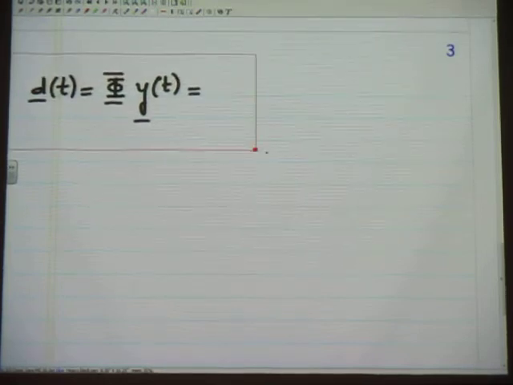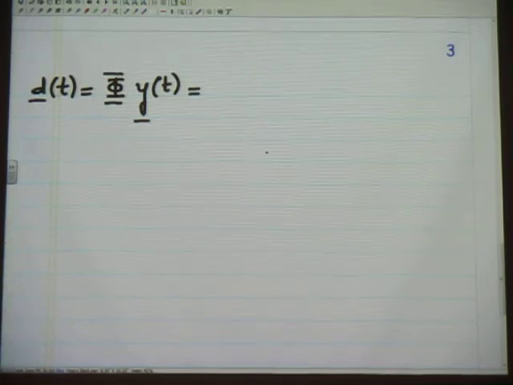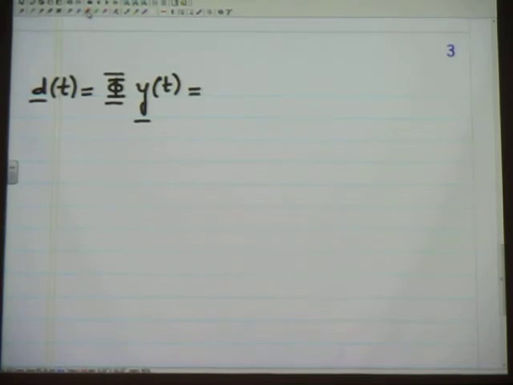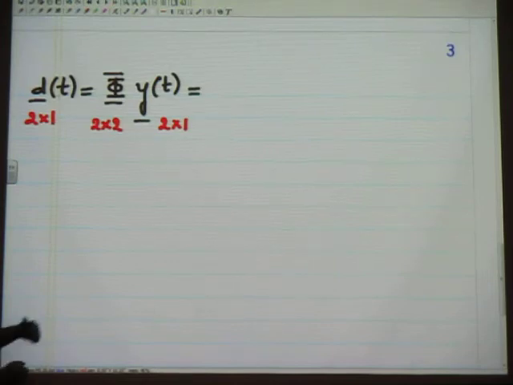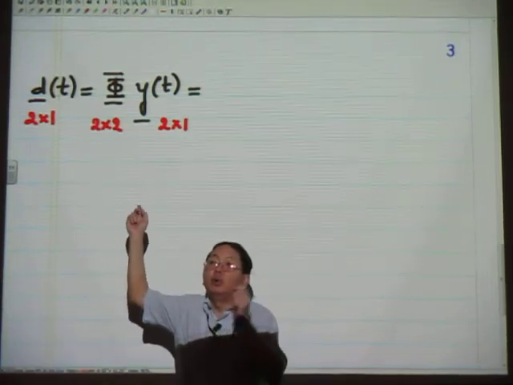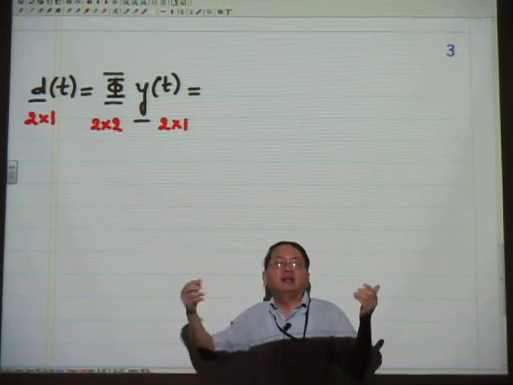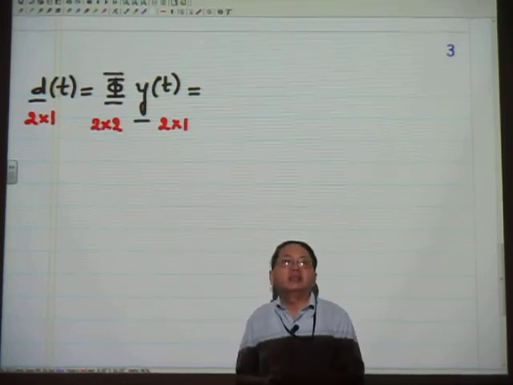Remember, phi bar is a 2x2 matrix, and Y is a 2x1, and D is a 2x1. If you use a pedestrian method, thank you, Casey, you would avoid doing matrix multiplication. So what is the pedestrian method? Can someone remind the class?